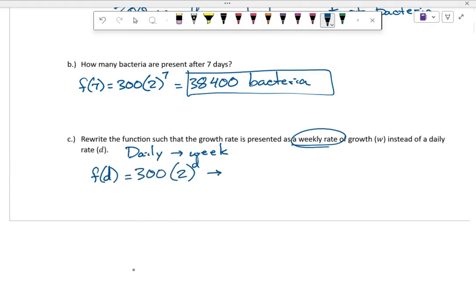And again, we're going to change this to f of w, and that will be 300 times 2 to the, and how many days in a week? There are 7 days per week. So that is equal to 300 times 2 to the 7th to the w.